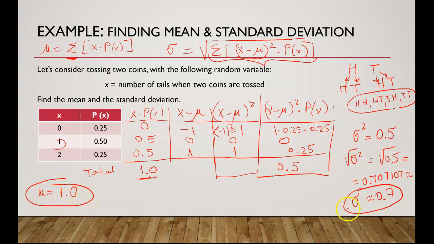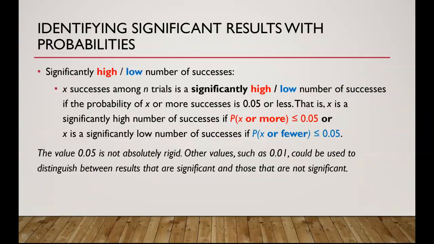Now remember these two values, because now we will look at how to use the mean and standard deviation to identify significant values, significant high or significant low values. X number of successes among n trials is a significantly high or significantly low number of successes if the probability of X or more successes is 0.05 or 5% or less.